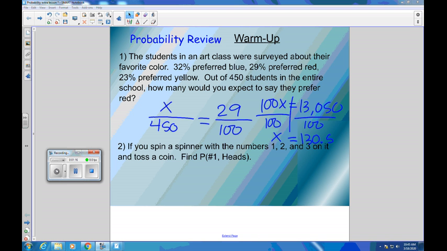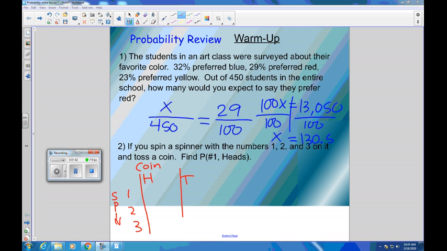Number 2 says if you spin a spinner with the numbers 1, 2, and 3 on it and toss a coin, find the probability of getting a number 1 and a head. So for this, we're going to create a sample space. For my coin, I have 2 options. I can get a heads or a tails. For my spinner, I have 3 options. I can get a 1, a 2, or a 3.